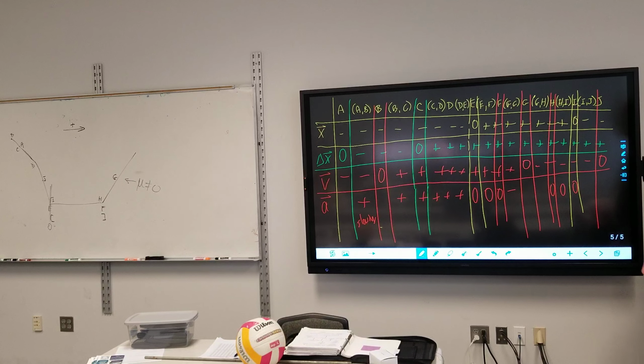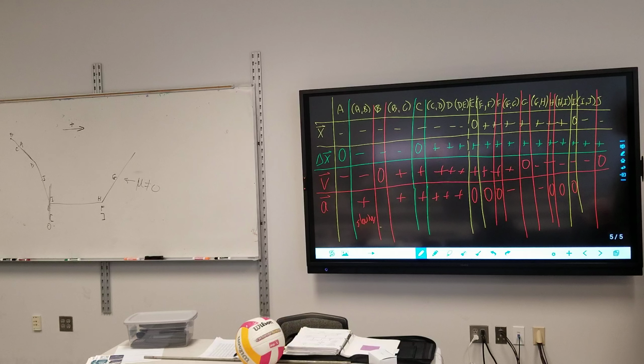G to H, because especially at G it stops, so if it's slowing down after that, it doesn't continue the rest of the trip. So it's speeding up, so it'll be the same sign. Then you get the 0 spot, and then from I to J, speeding up or slowing down? Slowing down, so since my velocity is negative, my acceleration is positive.